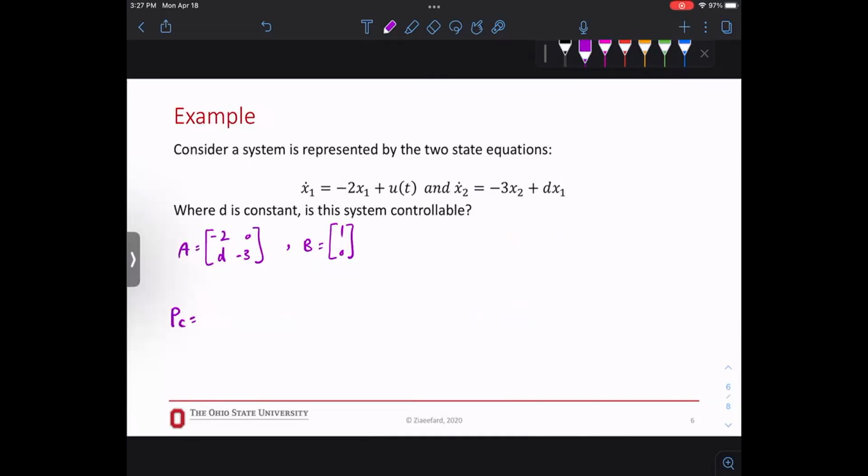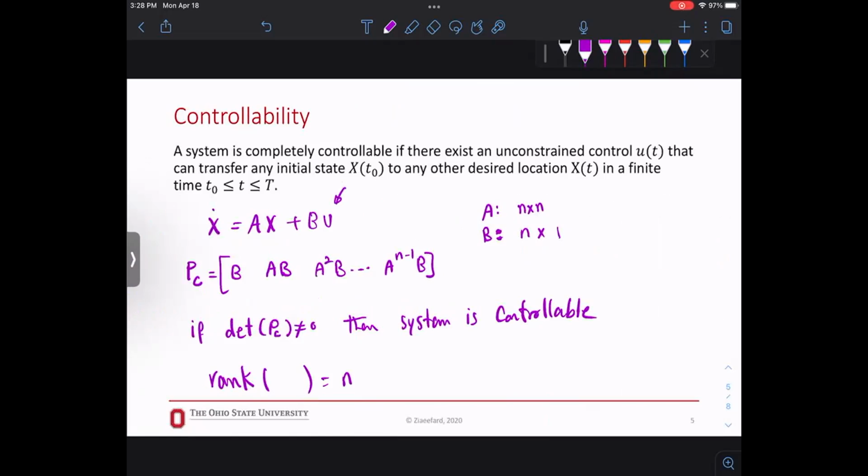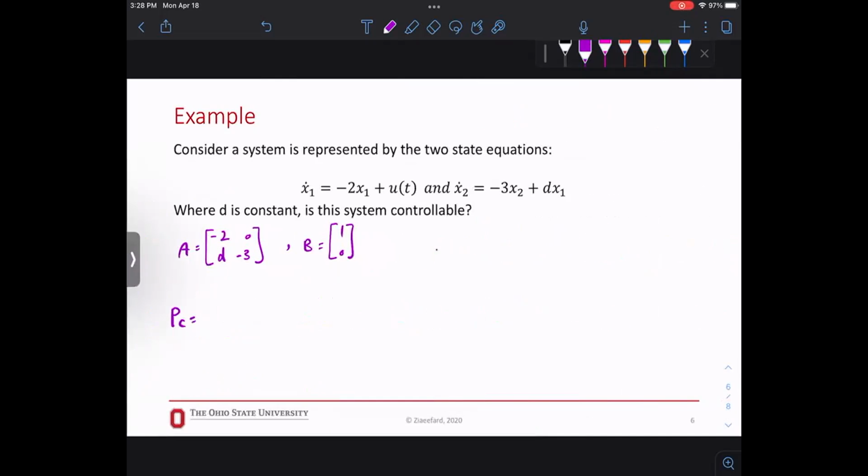All right. So what we need to create is B and AB, and since our n is 2, we only need AB. So AB is [-2, 0; D, -3] times [1; 0]. You should be able to do this by hand. That gives [-2; D].